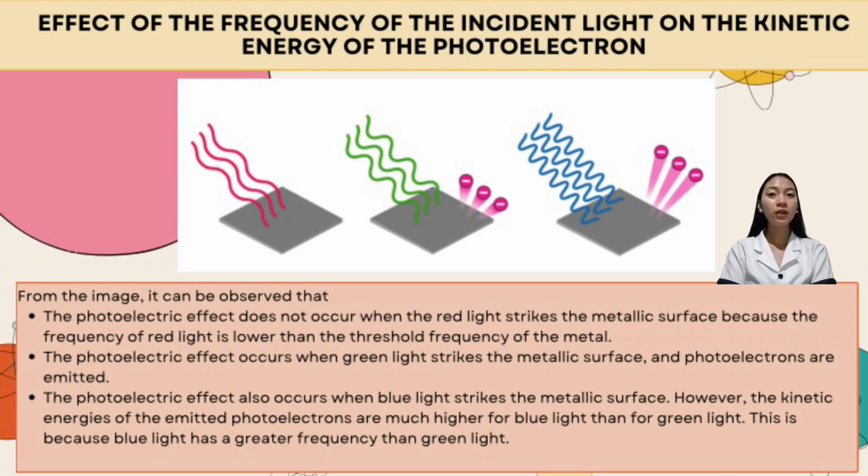This is because blue light has a greater frequency than green light. Since the energy of the photon is higher, the photoelectrons emitted will have higher kinetic energy after overcoming the metal's work function. So the greater the frequency of the light, the higher the energy per photon, and thus the greater the kinetic energy of the emitted photoelectrons.